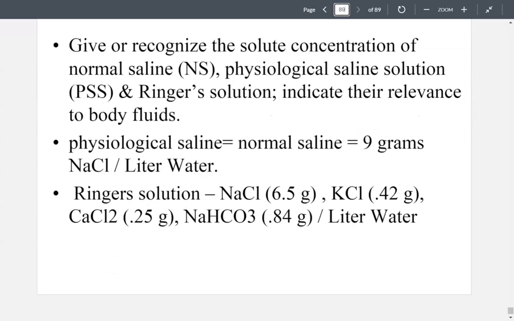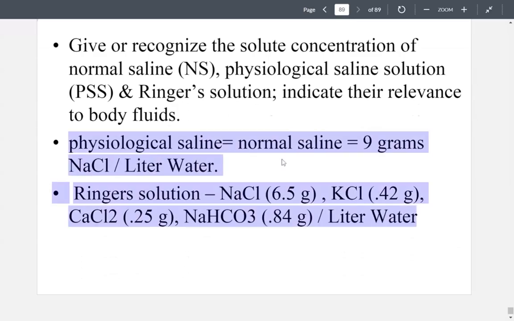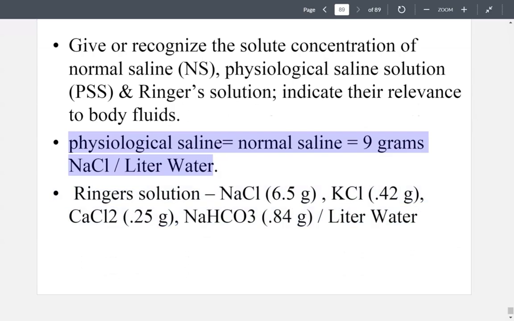All right. In case you were not aware, there's something that is known as physiological saline. For those of you in our nursing track or phlebotomy, you need to become very comfortable with this. Physiological saline is 9 grams of sodium per liter of water.